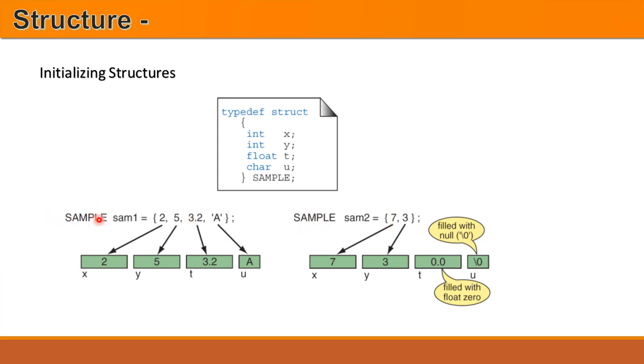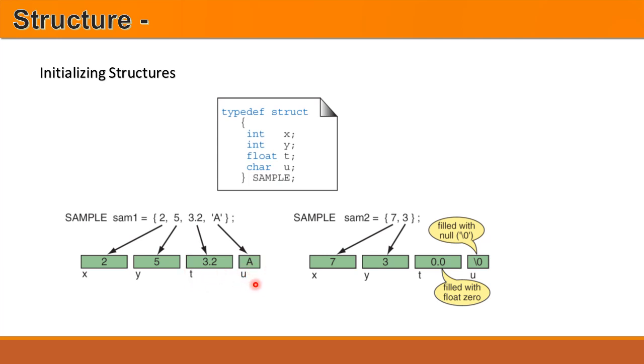Consider sample, suppose sample 1, and the values are 2, 5, 3.2 and a. 2 is the value of x, 5 is the value of y, 3.2 is the value of t, and a is the value of u.